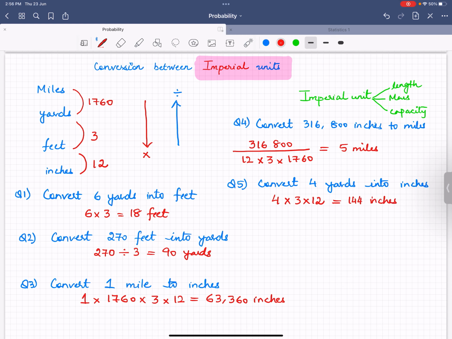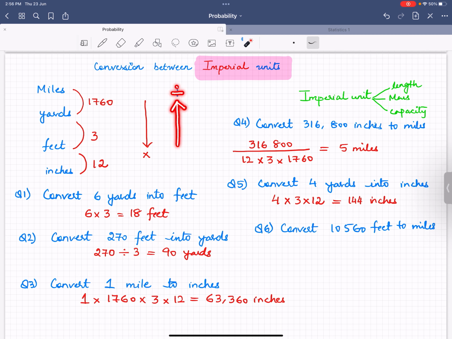Let's do one last example. Question number 6. Convert 10,560 feet to miles. So we are going from feet to miles. We are going up.